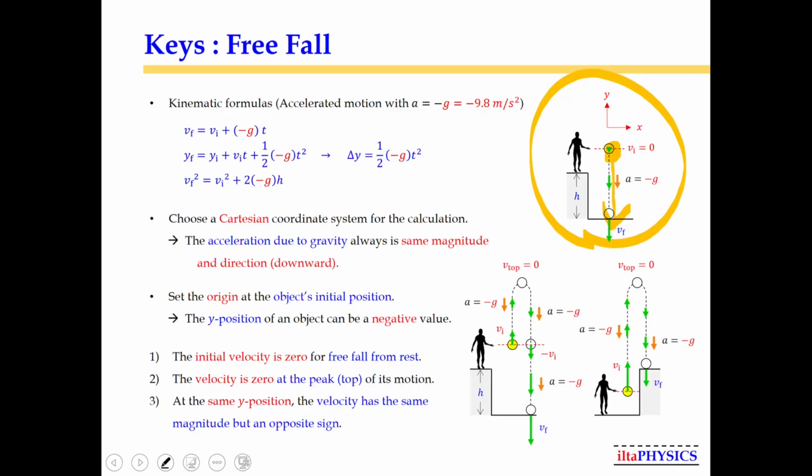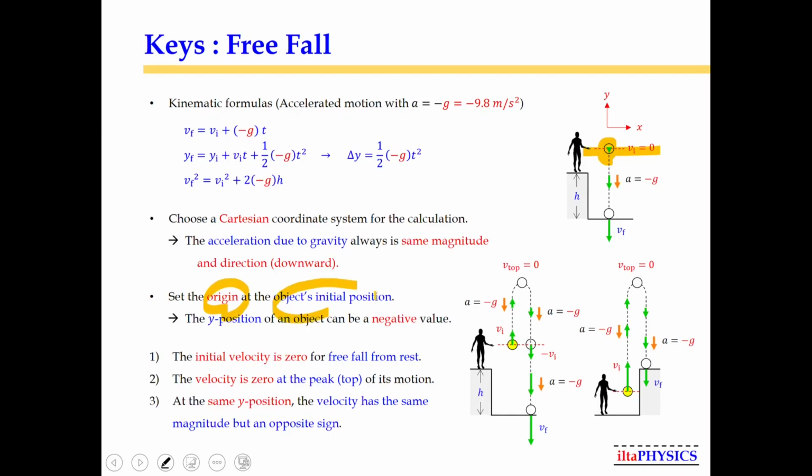In my method, the yellow dot, the starting point, is the origin. In this case, the final position, y, will be a negative value because the object ends up below the starting point. The two images below show other types of motion. In these cases, an object is thrown upward, reaches a certain height, and then falls back down.